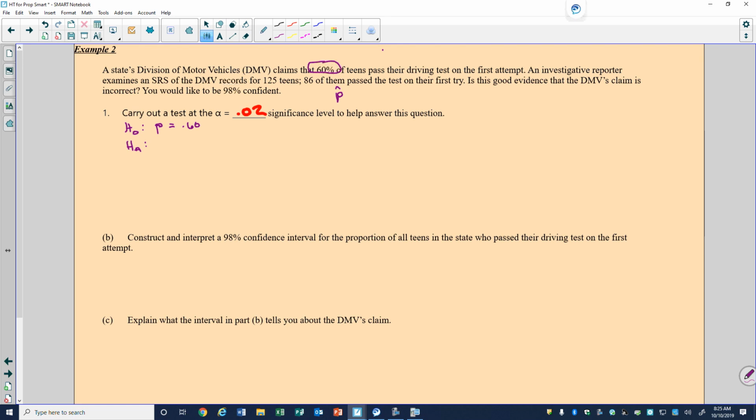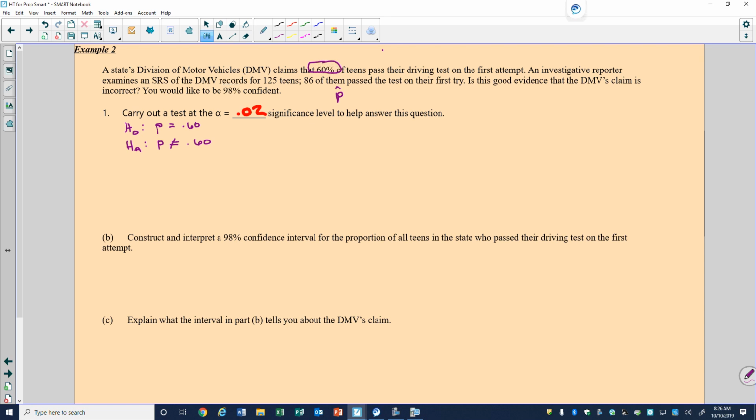We just want to prove the DMV wrong. That's all we want to do. We just want to prove that it is different from 60%. So my alternative hypothesis is that I don't believe it to be 60%. I think it's different. So I'm going to try to prove that it is different by setting up an alternative hypothesis of not equal to.